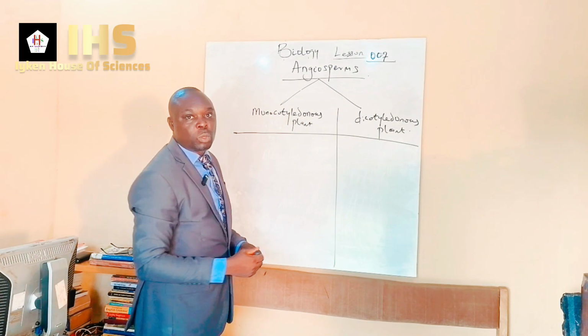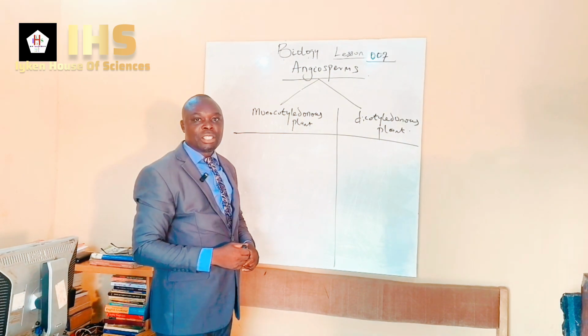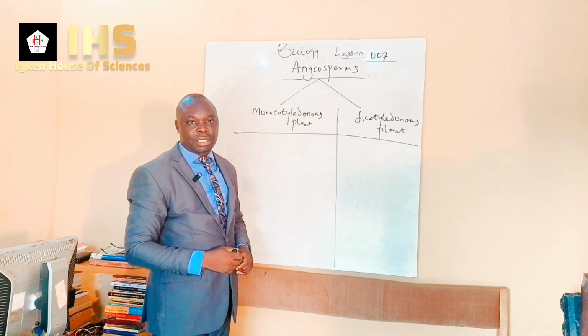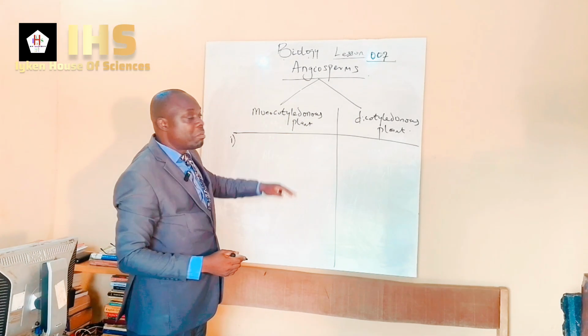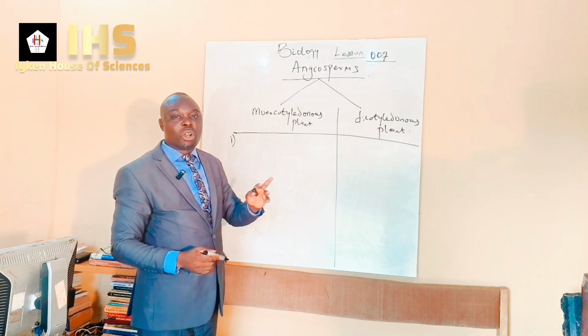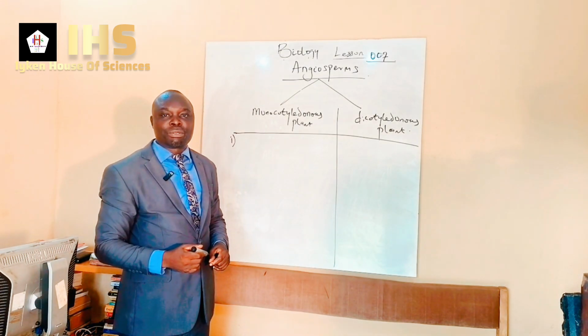We're now distinguishing between the monocotyledonous plants and dicotyledonous plants. Number 1. Mono means one, so it means this one produces one seed leaf.